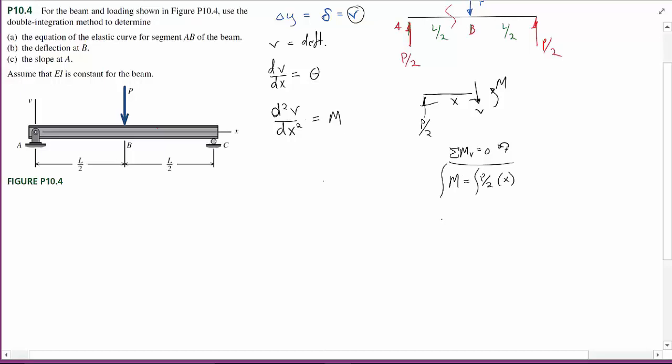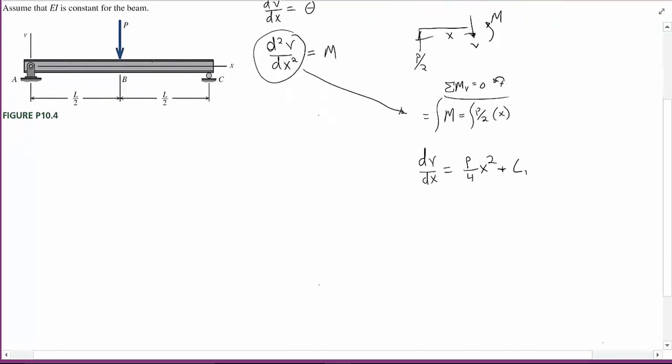we'll just use the notation that we had before. So our moment, which is this notation here, right? Integrating that, we get d nu dx equals, integrating P over 2 multiplied by x becomes P over 4 multiplied by x squared. And since we are not integrating on certain identified bounds, we need to add our constant of integration.